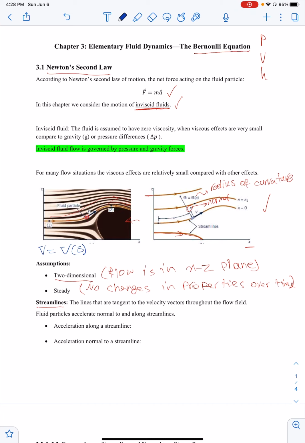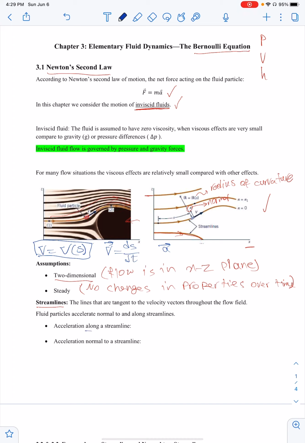This is important. We also know that the speed is the time rate of change of the distance. In other words, we can say that v is ds over dt, right?